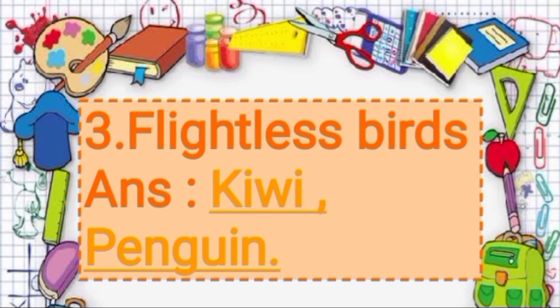Flightless birds. Answer is first example kiwi, and second example penguin. So as you know, birds have a light body and they are covered with feathers, and they have wings that help them to fly.